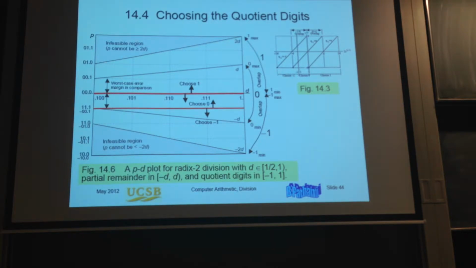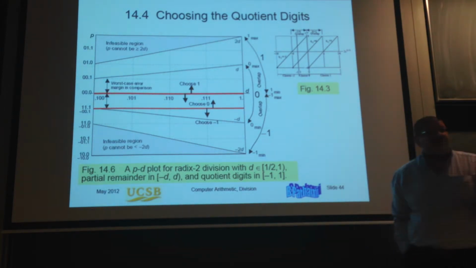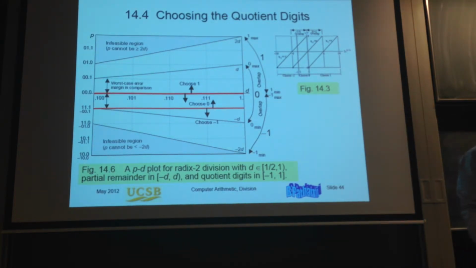Now my job is to partition this region in such a way that by inspecting bits of D and bits of P, which is the divisor and the shifted partial remainder, I can make the choice for the next quotient. And I have to make choices which are okay, which will make me converge to the result. The easiest way is to inspect only the value of the shifted partial remainder.